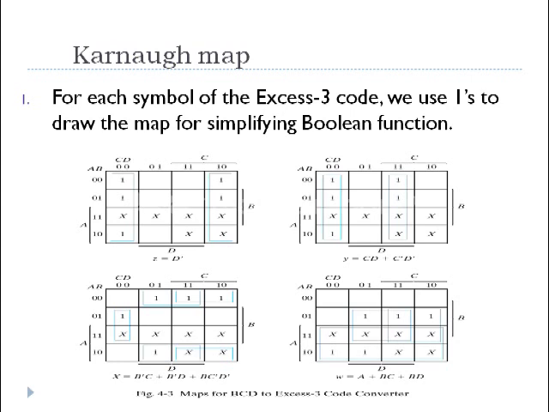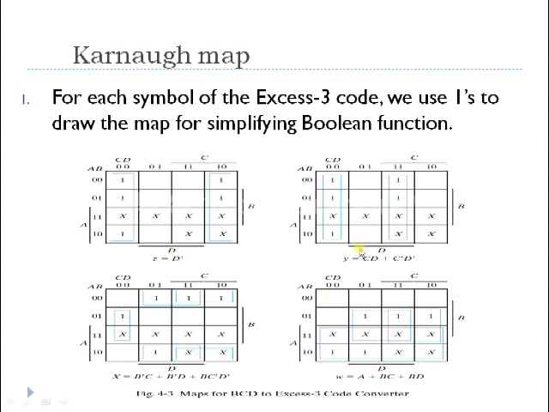In order to group, I have made a block whose size is 8. Therefore I got the final expression as Z equals D complement. Why? Because on the left hand side, A and B values are varying, and when it comes to C and D, only the value in D is constant, that is 0. That is why it is represented as D complement.